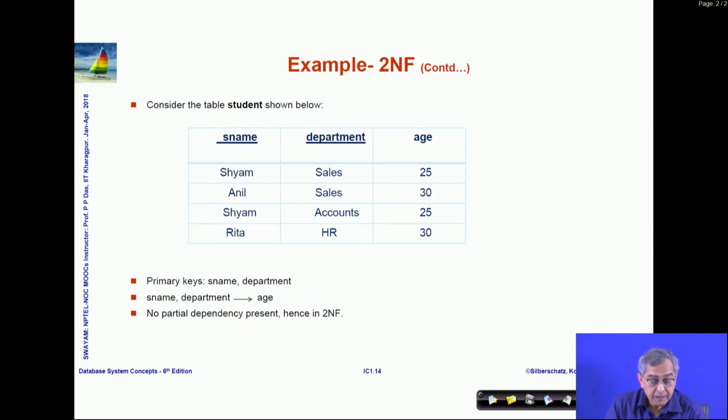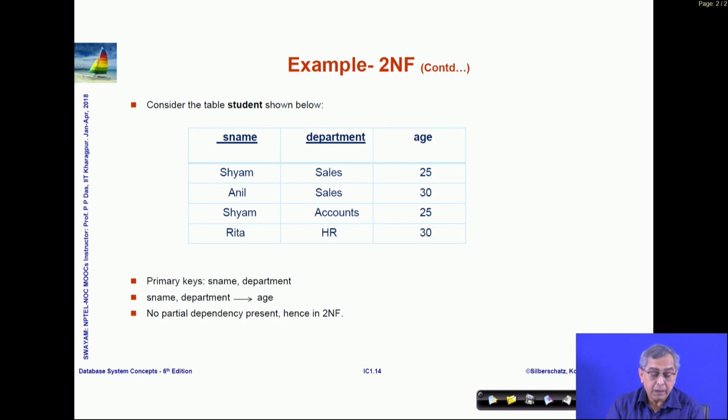Let us take another example, student name, department and age. So, naturally in this the primary key is student name and department, that determines the age. Why do we need department to decide the age of a student? Because two students by the same name may be enrolled in two different departments.